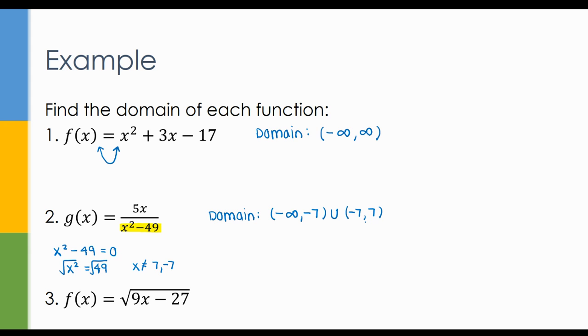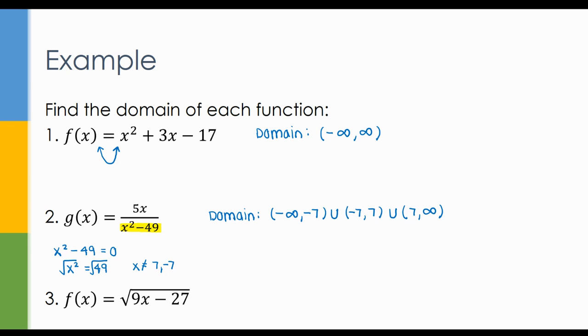So anything between -7 and +7 are going to be numbers that fit in my domain. But we're still not done. I then can keep going to the right of 7 up until positive infinity. So we've got 3 different sets of intervals here. We've got the union symbol in between them to represent the fact that I can put all of those sets together, and all of those numbers combined give me my domain except for -7 and +7.